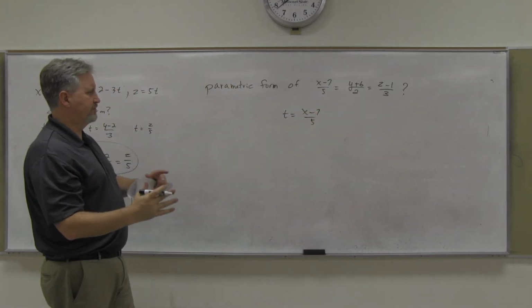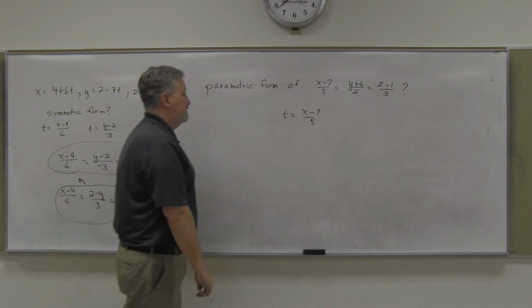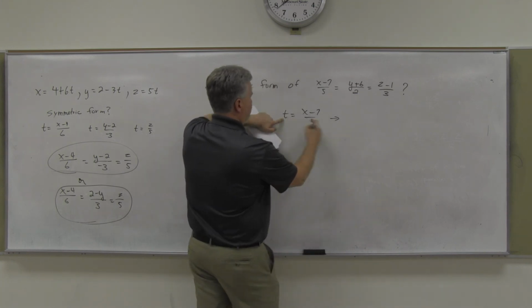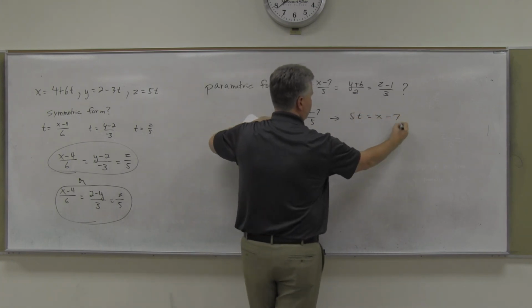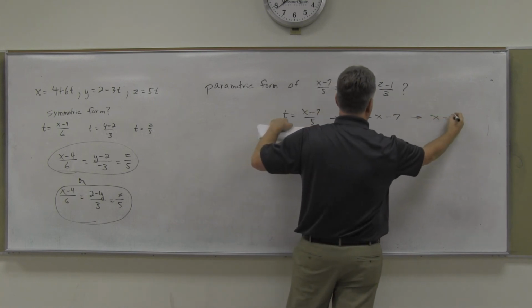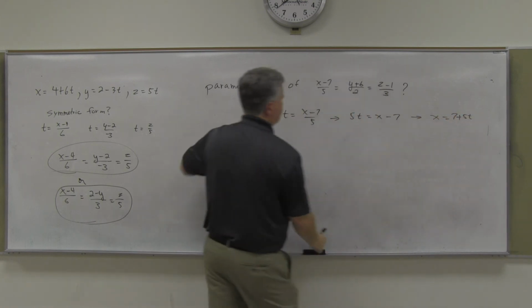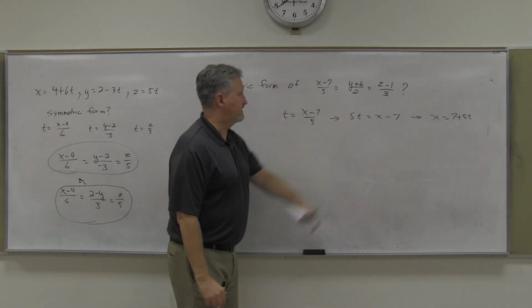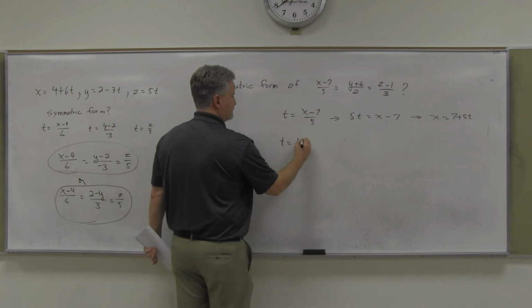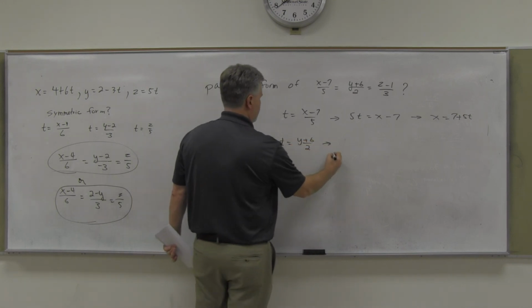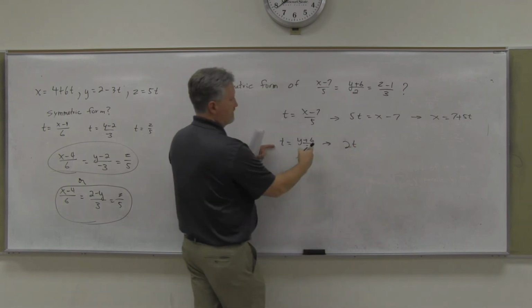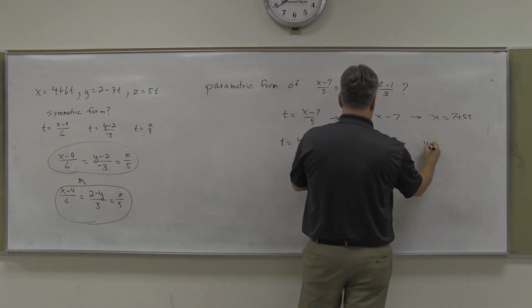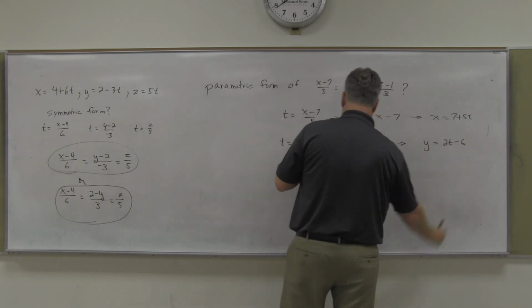Then parametric form, you usually want x equal for your equation, so multiply by 5, so you have 5t equals x minus 7, so that would be x equals 7 plus 5t. Just do that across the board there. Set each part of that equal to t. t equals y plus 6 over 2, so that would be 2t equals y plus 6, and so y equals 2t minus 6.